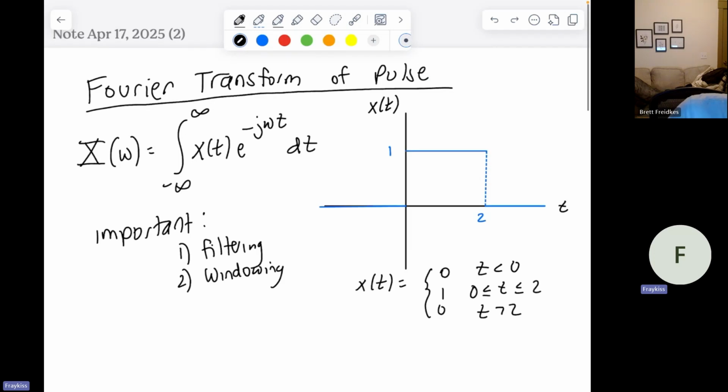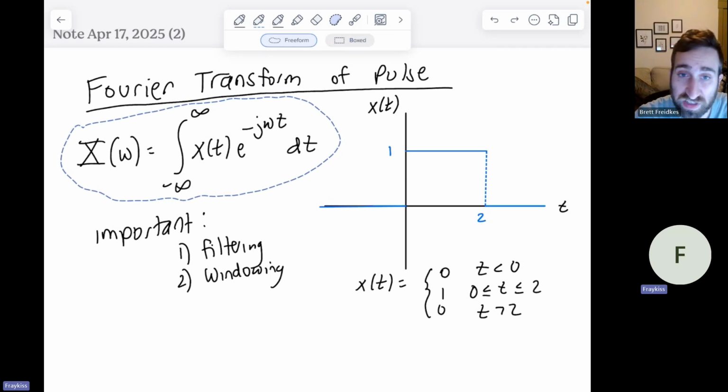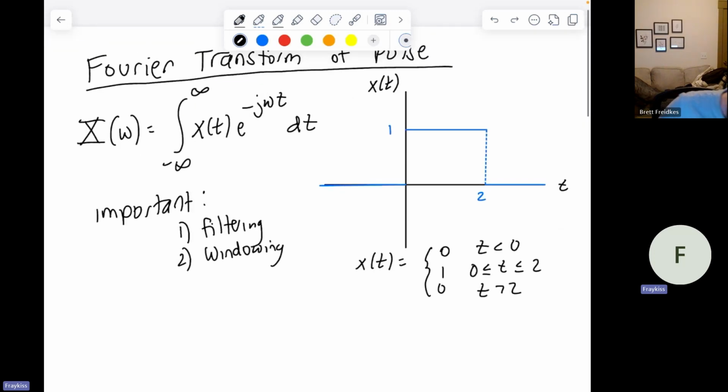So with our definition of the Fourier transform, which we've learned is the integral from negative infinity to infinity of the function times e to the minus j omega t, and we integrate that with respect to time to ultimately find out what our Fourier transform is, x of omega. What's interesting, though, is that x of t is 0 for all time, basically, except in between 0 and 2.